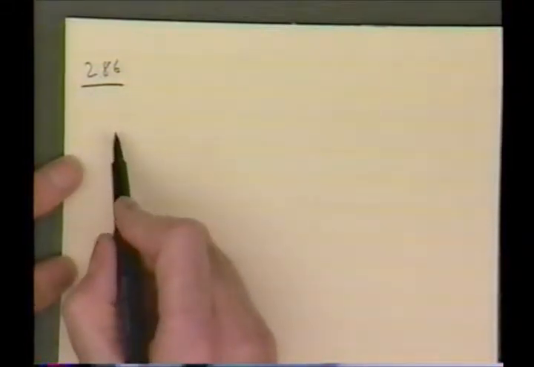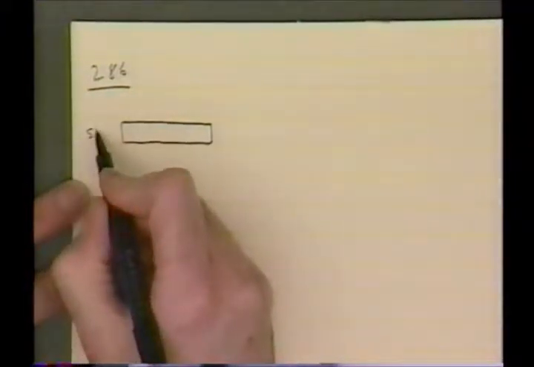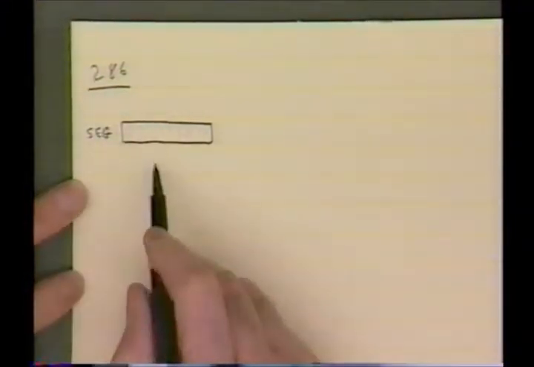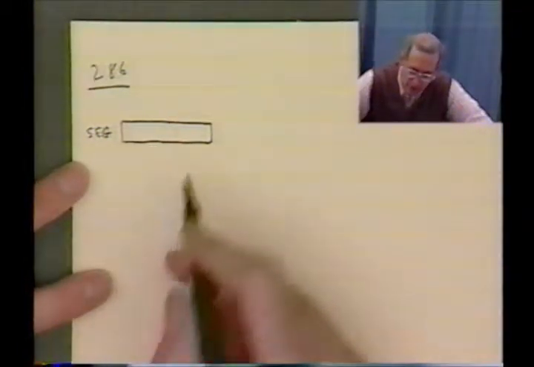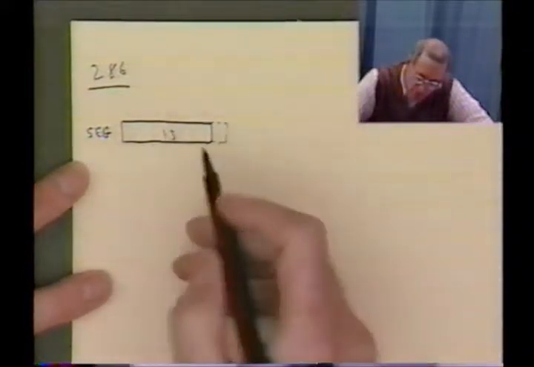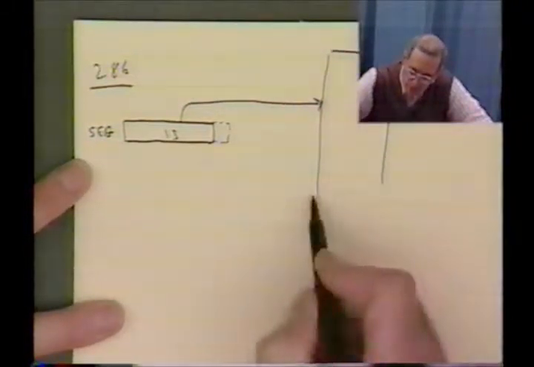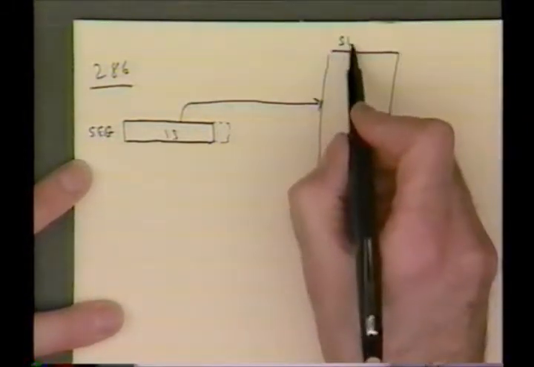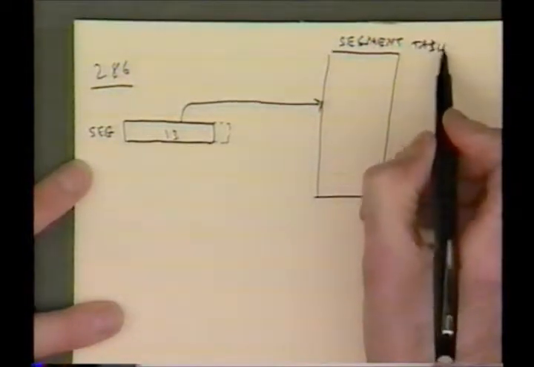Okay, so what did they do then in the 286 to make life better than that? Well, they introduced what really is real segmentation. In the 286, you now still have segment registers, but rather than containing a number which is directly added into part of the memory address calculation, the segment register contains 13 bits, and those 13 bits are used to look up information in a segment table about that segment.